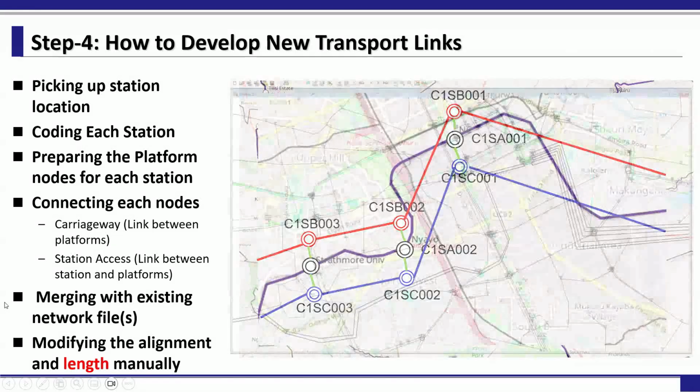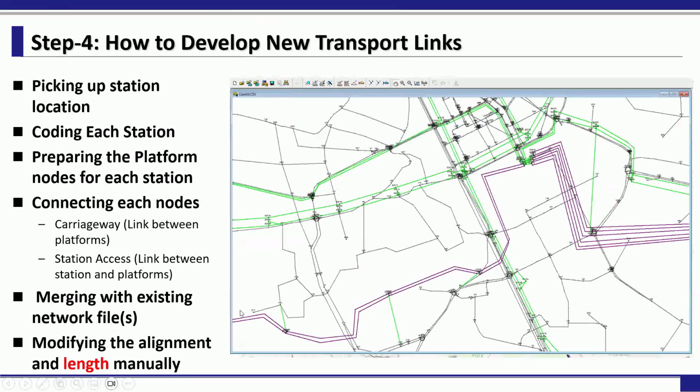So, yes, you can modify the alignment by making midpoints, 3 midpoints, and modifying the sections, since it is not the same as the actual alignment, and modify the lengths manually. And according to these tools, you can modify the links, and the locations of the node and midpoint node, as you like.